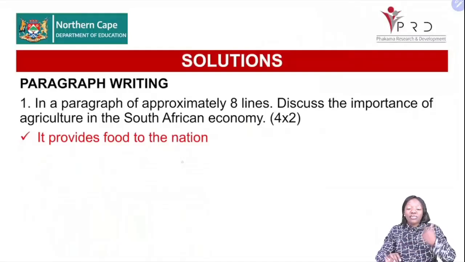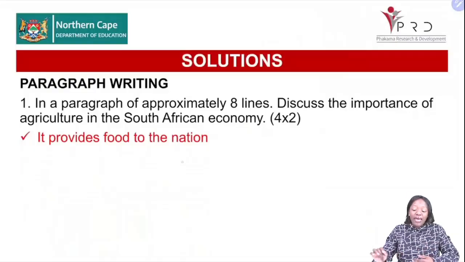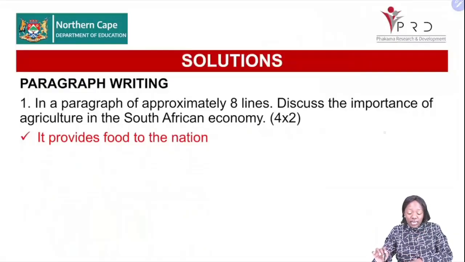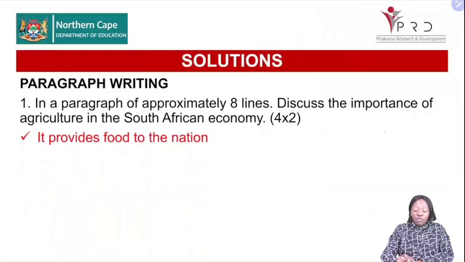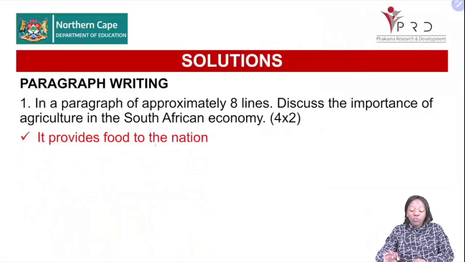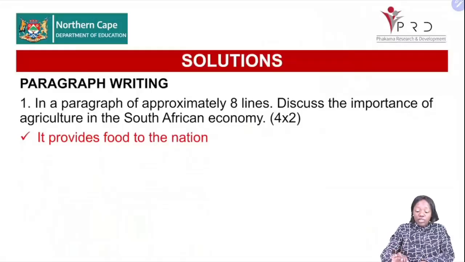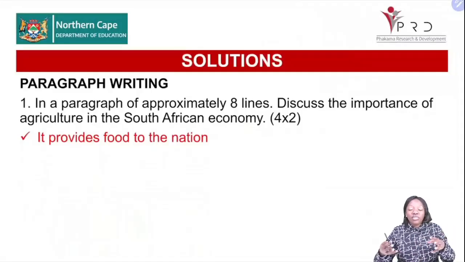Remember, as we are discussing and we are putting it on a full sentence, you need to start by the importance of agriculture in the South African economy is that through agriculture or through the raw material that are being produced in the primary sector, it will then provide food to the nation. So that's where you're now going to get the mark, because you have supported, or your answer is in a full sentence.